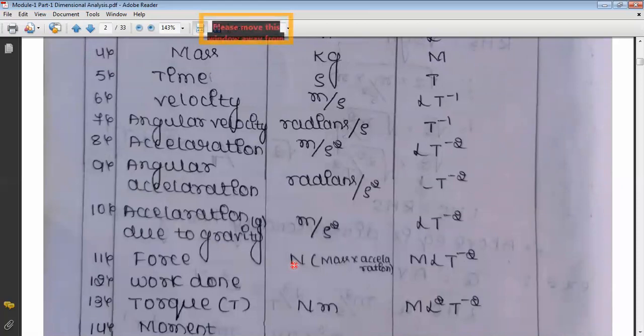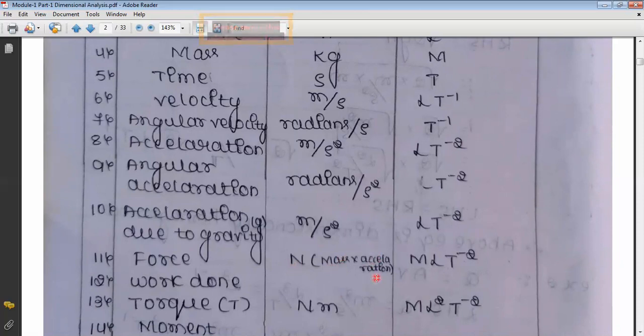So these quantities are called derived quantities. These are not fundamental quantities, correct? These are derived quantities, meaning quantities derived from your fundamental quantities only. So they have the fundamental units. You can observe the fundamental units here: kg is there, then meter per second square is there.